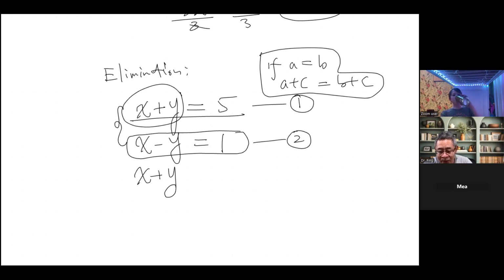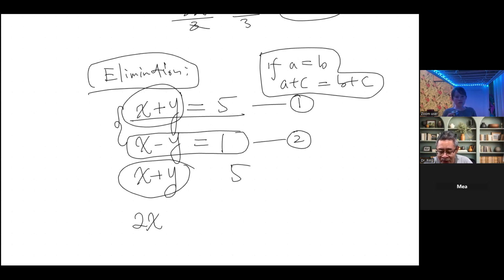Now, x plus x is 2x. Negative y plus y cancel. That's why we call it elimination. That y got eliminated. And that equals 1 plus 5, which is 6.